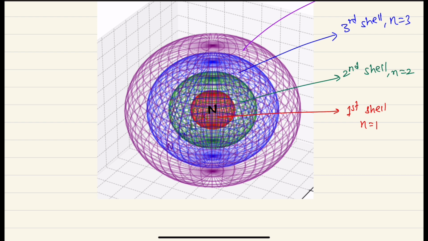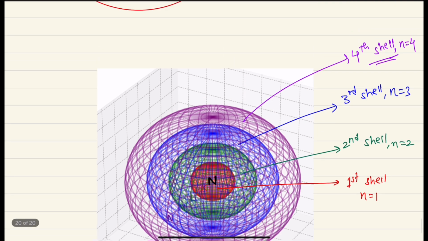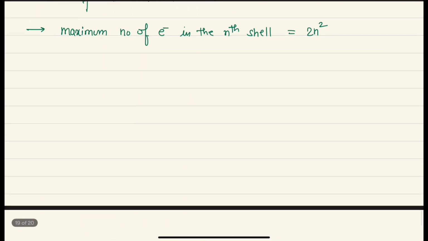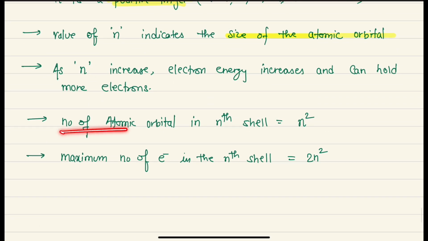Before that, these two formulas are very important: the number of atomic orbitals in the nth cell. We will take some more questions when all the quantum numbers are over, so don't worry.